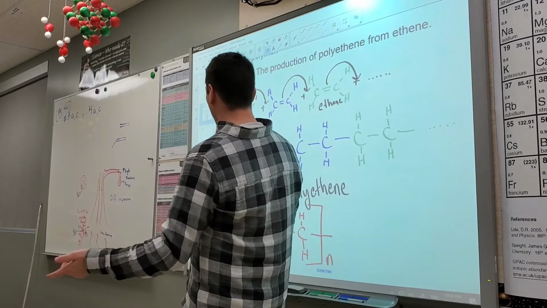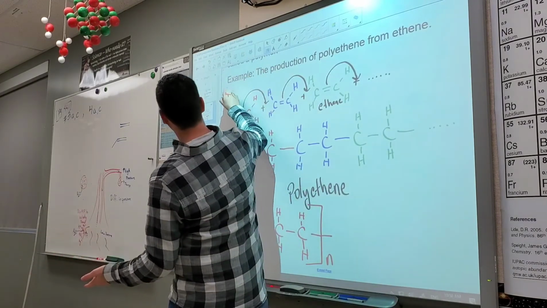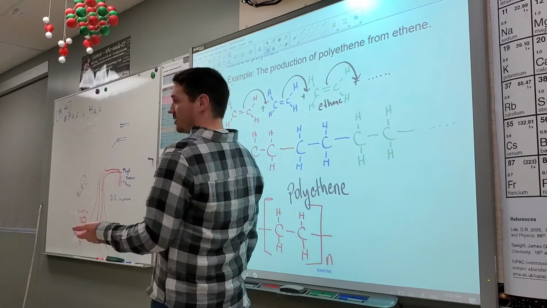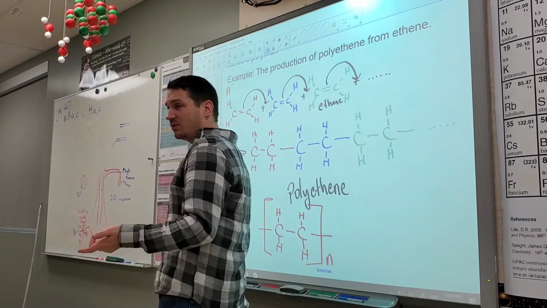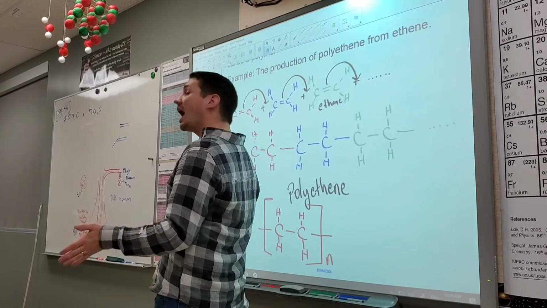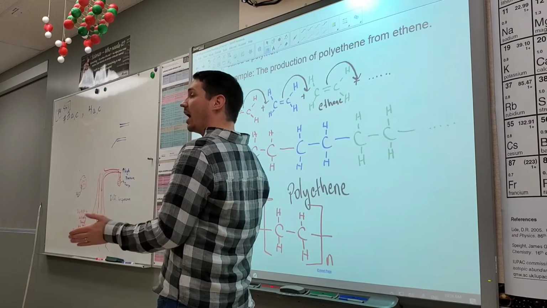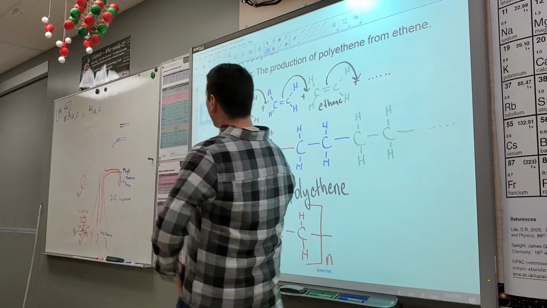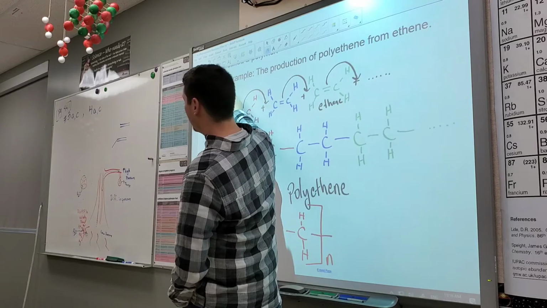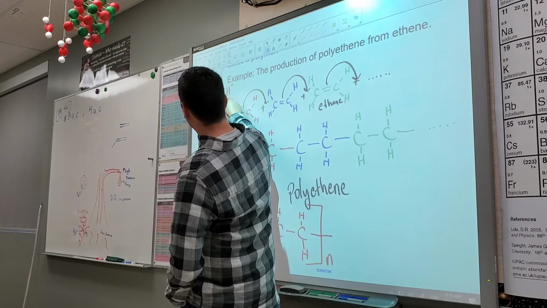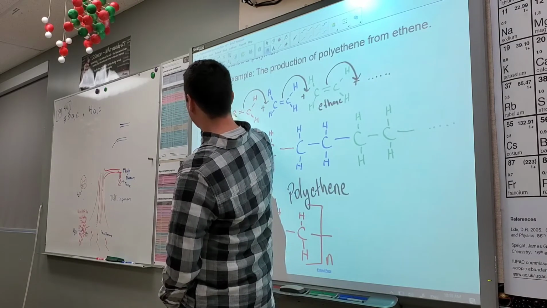For example, if we had H minus, have you guys ever seen H minus before? It's not a hydrogen ion, we call it a hydride ion. What can happen is this hydride, this negative, can attack this and kick out.